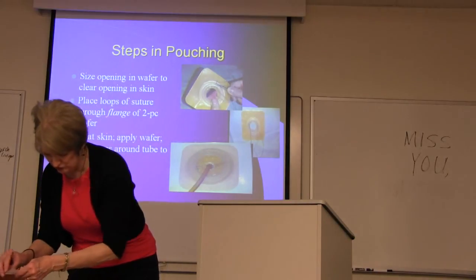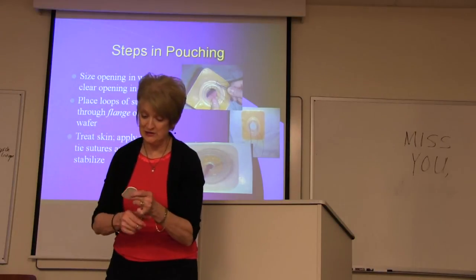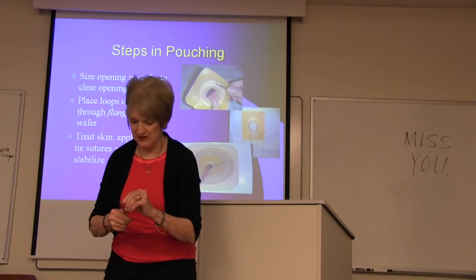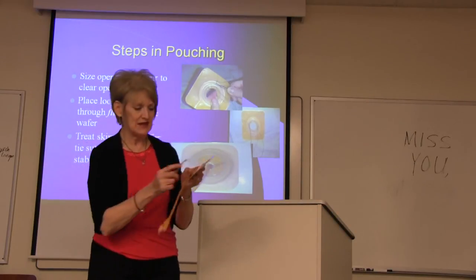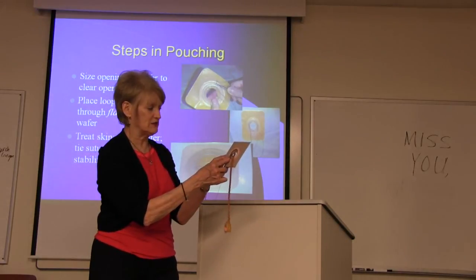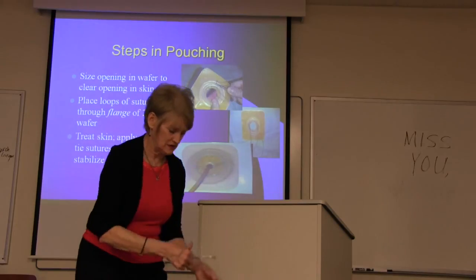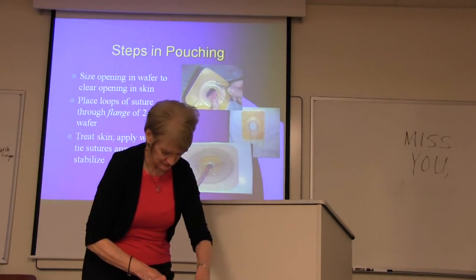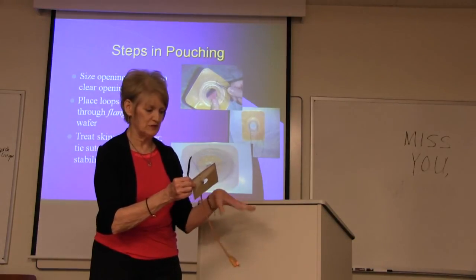And now I'm going to have to put loops of thread into my other demo, so just bear with me a minute. This one's already stuck down to my pretend patient. That's okay, it won't hurt to go through it again. So I start on the inside of the flange and I come out, and then I come outside in to form my first loop.